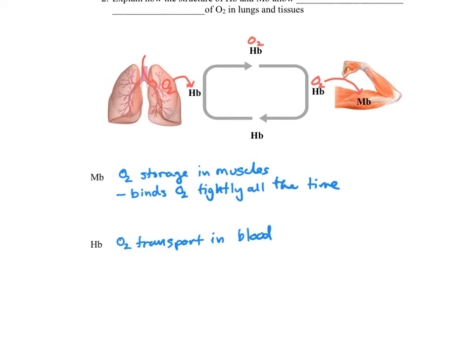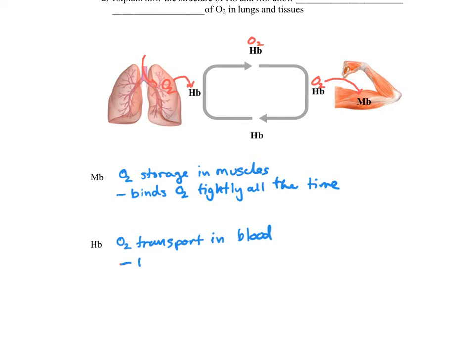So we said oxygen is going to bind tightly to myoglobin all the time. That's one thing we can do. But with hemoglobin, we have a much more difficult challenge. First of all, hemoglobin is going to have different functions in different parts of the body.